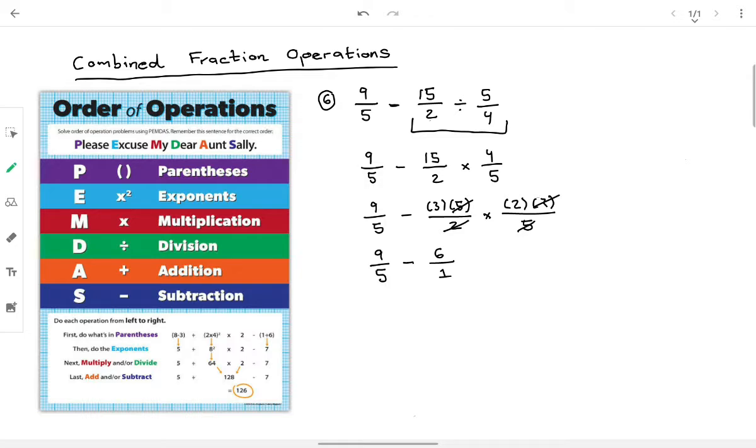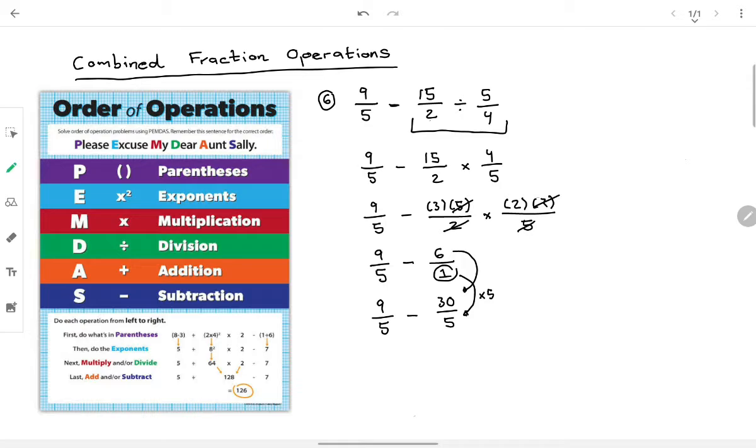So then we need to transform this to 5ths to do the subtraction. So 1 gets multiplied by 5, so the 6 is also multiplied by 5.